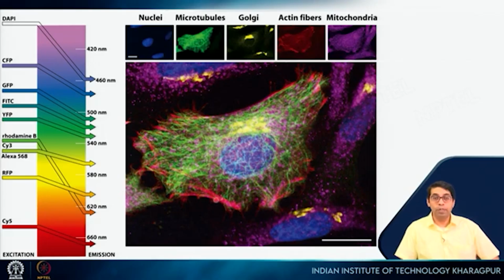So, this type of images are very useful because they give you the relative orientation of these different entities inside the cell. And we will see that this is very important because we are going to talk about these different filaments, microtubules, actin filaments and intermediate filaments which are present inside the cell.